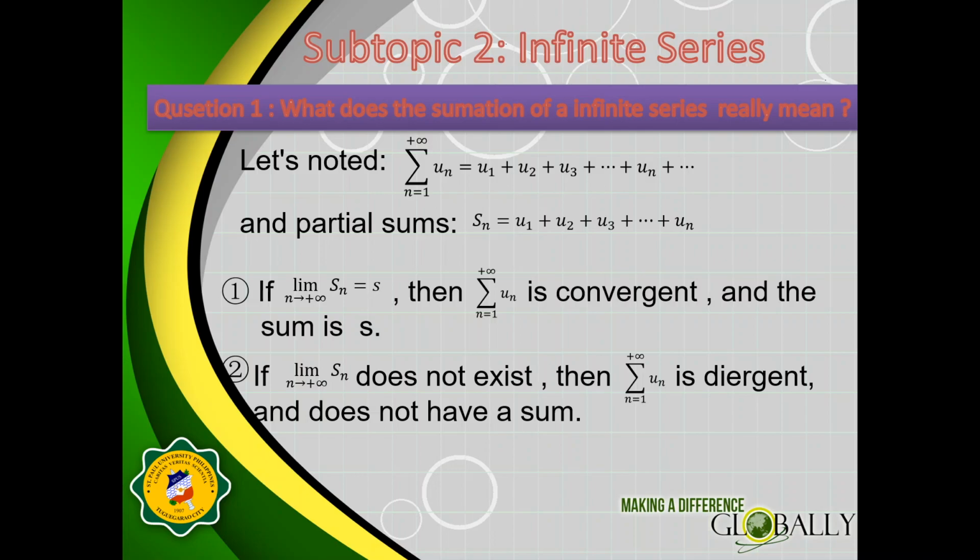If the partial sums S_n have a limit, then we say the infinite series is convergent, and we say the sum of the infinite series is S. If the partial sums do not have a limit, then we say the infinite series is divergent, and it does not have a sum.